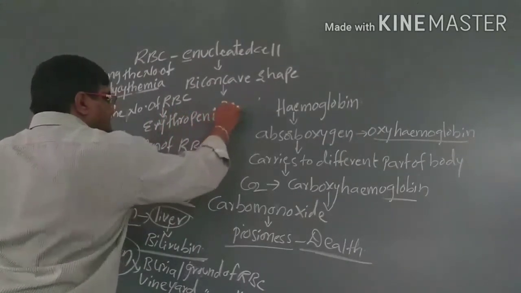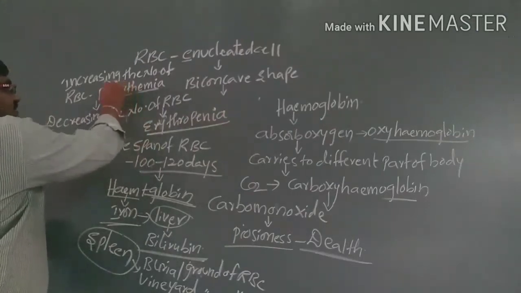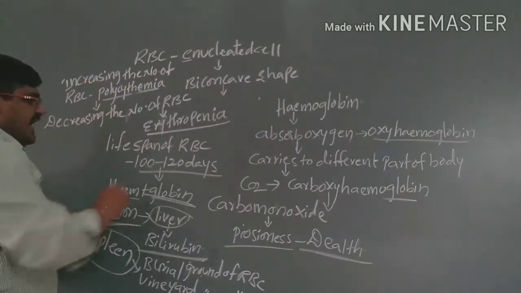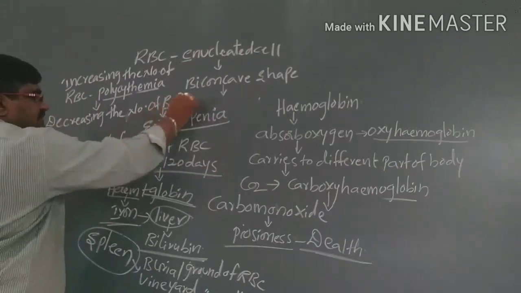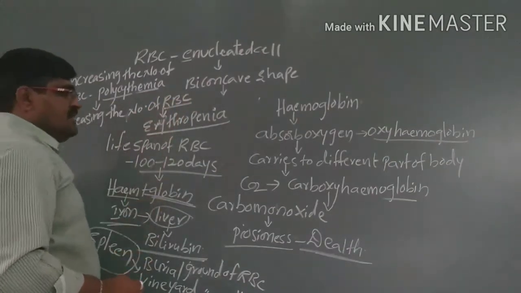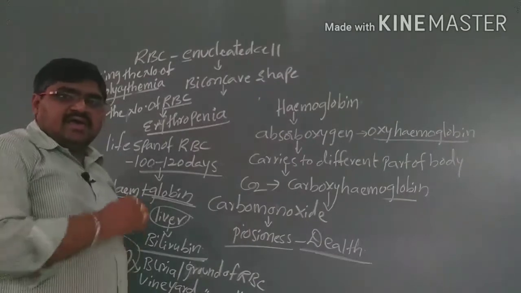So increasing the number of red blood cells is the polycythemia condition, and decreasing the number of red blood cells is the erythropenia condition.